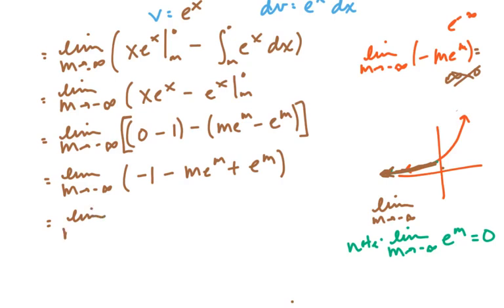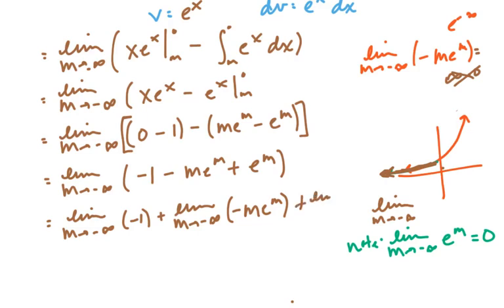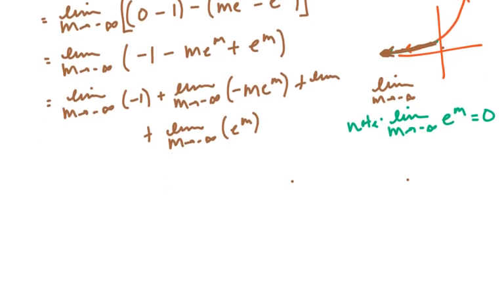So we're going to say the limit as m approaches negative infinity of negative 1 plus the limit as m approaches negative infinity of negative m e to the m plus the limit as m approaches negative infinity of e to the m. Now, this one's not too bad, like we talked about.